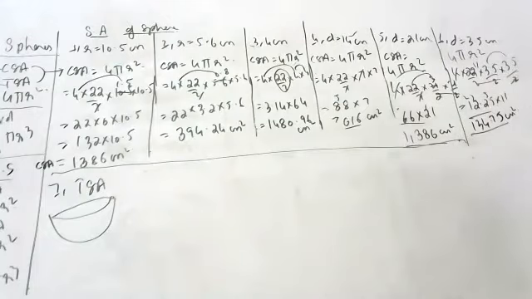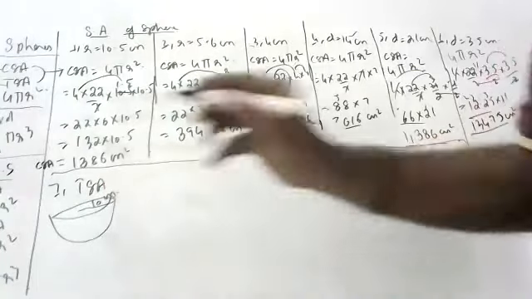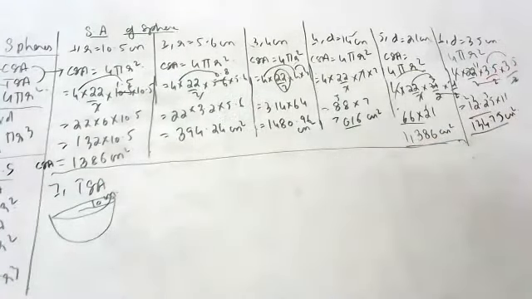Many times I told you that. So children, find the TSA of a hemisphere and a solid hemisphere, each of radius 10 centimeters. Children, this is 10 centimeters.